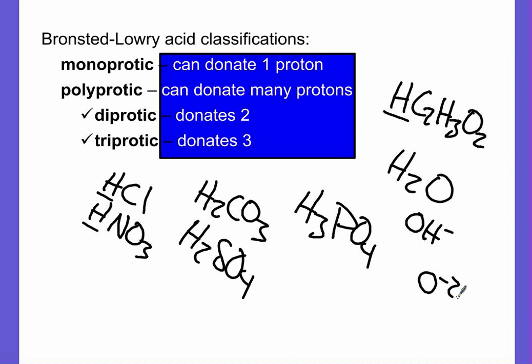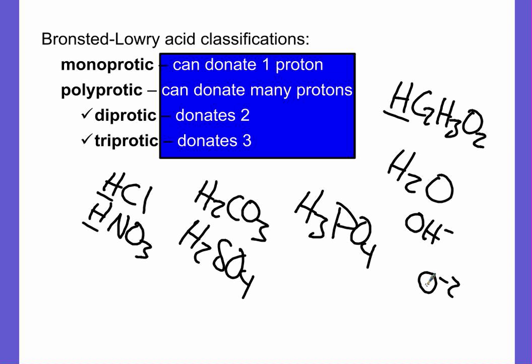But you could technically do it. It might actually be considered a diprotic acid, but for our purposes, it's really monoprotic, right? Because we're never going to have it react to turn into oxide. So it is monoprotic. For our purposes, it is technically possible, but that hydroxide is really, really unlikely to lose another proton. In fact, it's more likely to just gain the proton back and become water.